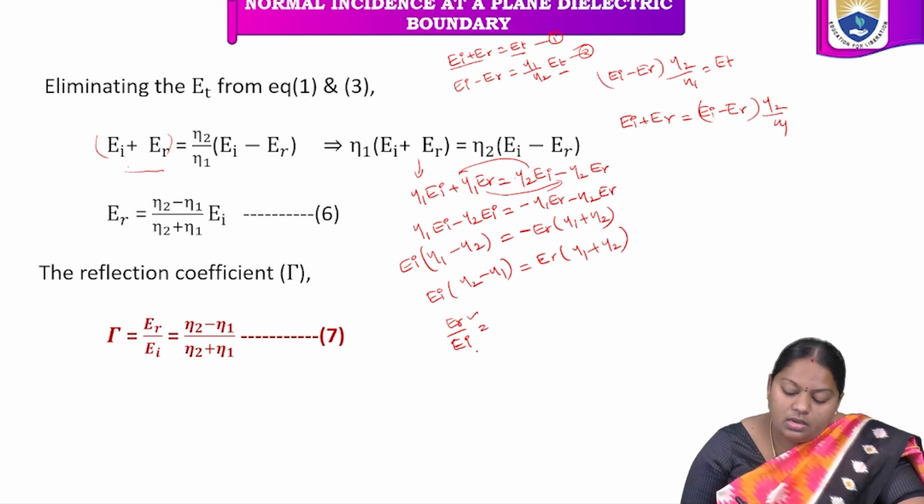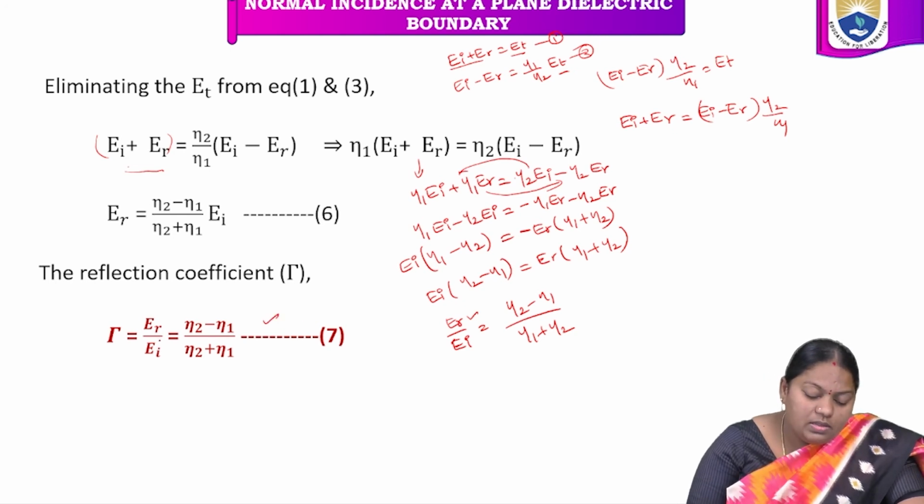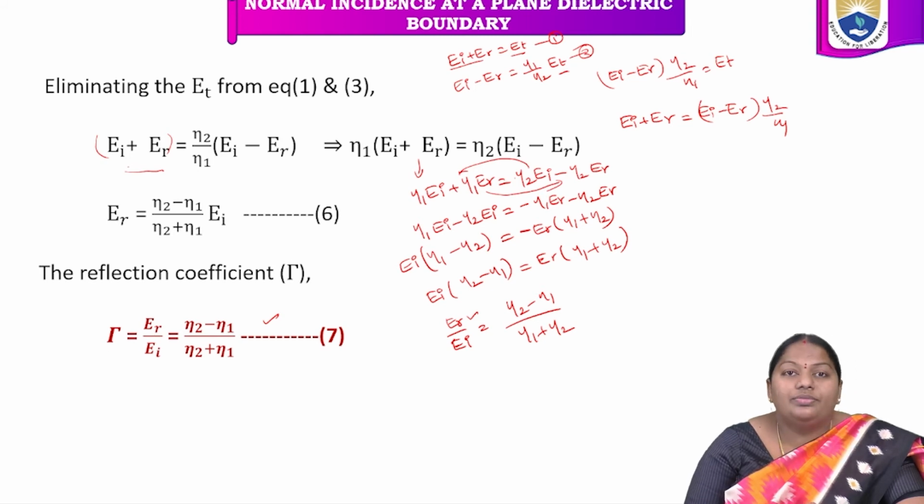So ER by EI equals eta 2 minus eta 1 by eta 1 plus eta 2, right? So the reflection coefficient gamma is the ratio of reflected wave field strength ER to incident wave field strength EI, which equals eta 2 minus eta 1 by eta 2 plus eta 1, right?